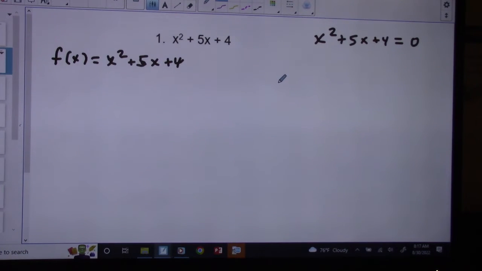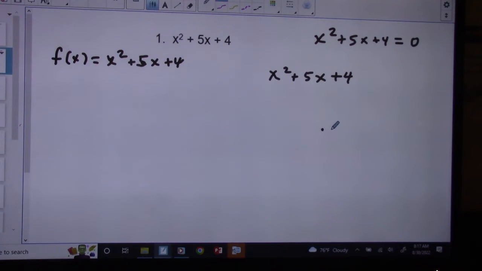Right now I'm going to bring front and center our x squared plus 5x plus 4. There are different techniques available to you, but one that we've done a lot in this class when we multiplied together is the box method. Remember doing that?